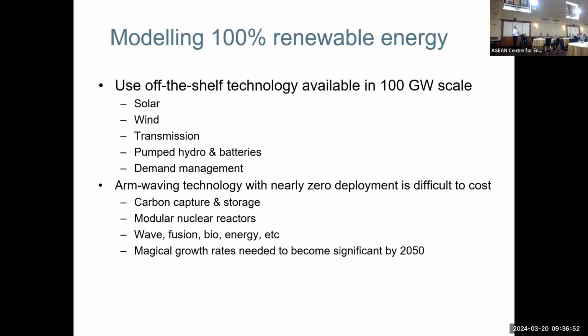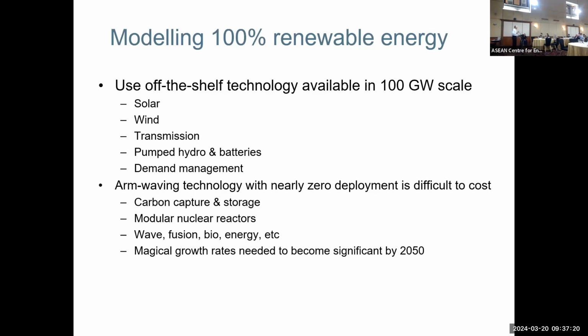So my recommendation for ACE, for example, would be go and model 100% renewable energy. Don't just satisfy yourself with 40, 50%. Go and look at 100%. It's not very difficult, and it produces very surprising results, that 100% renewables is actually cheaper than sticking with fossil fuels if you put the right numbers in.